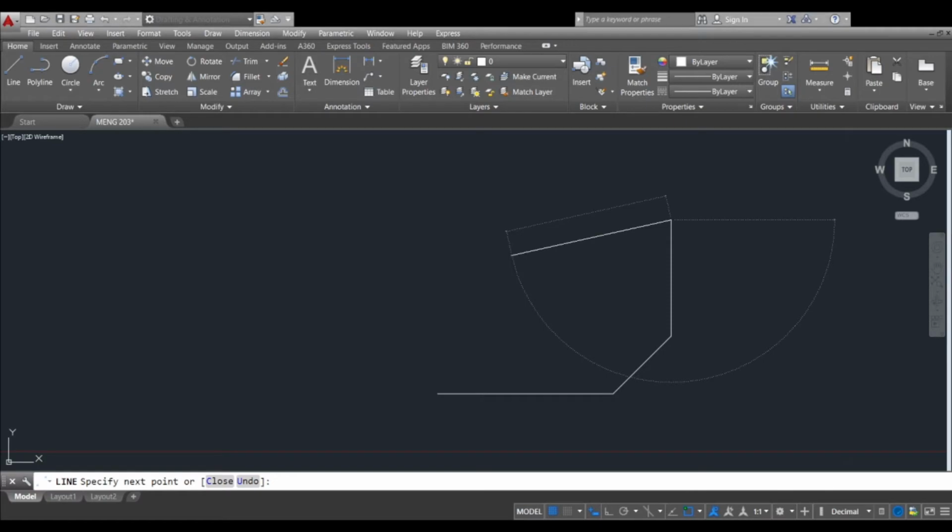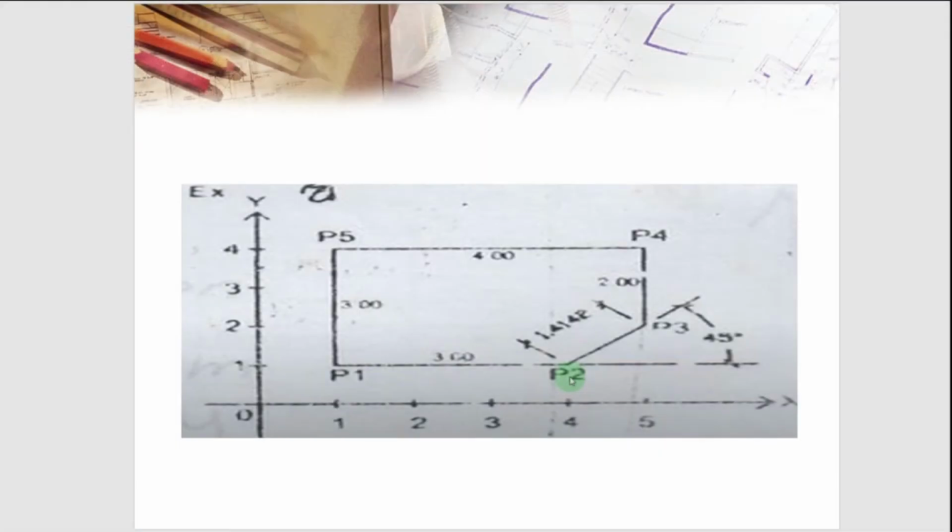Our next point is point 5, or P5. As we can see, there is already a direction indicated in the drawing. That is 4 units going to the left. Starting from point 4 going to point 5, that is 180 degrees.